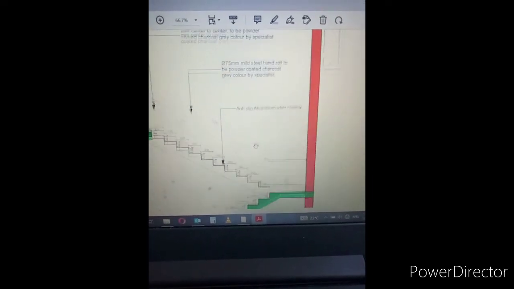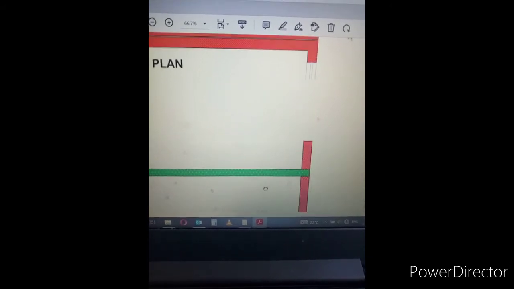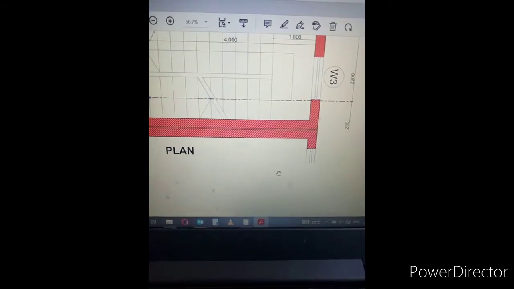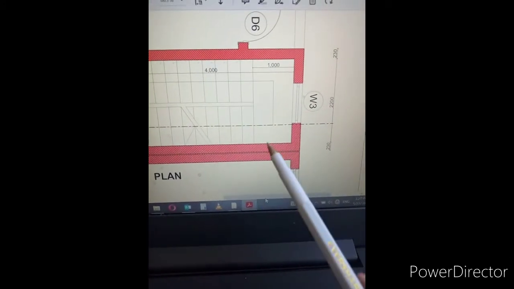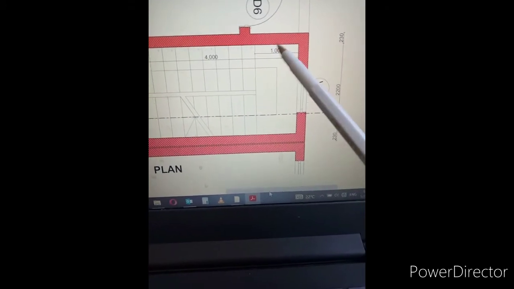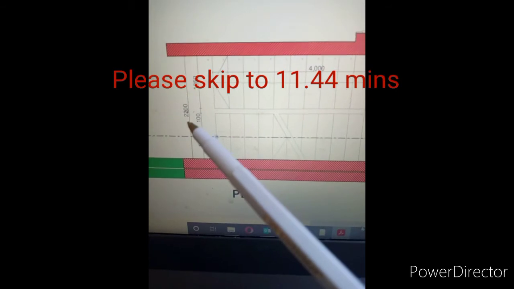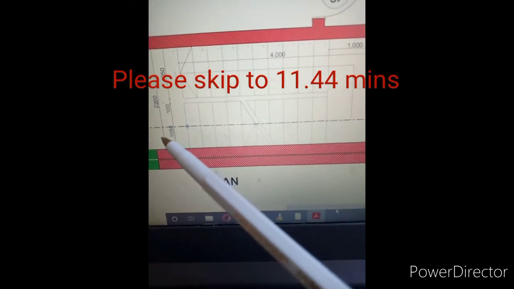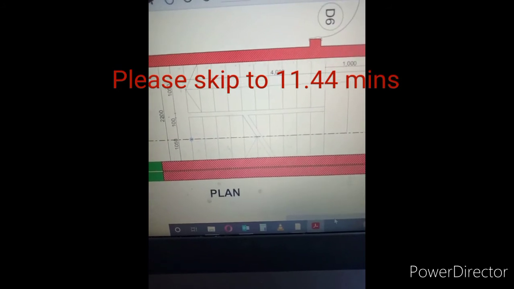Let me show you where I got the length from, but it will be provided on the plan if you take a look at it. So this will be the landing height. From this point to this point, this is our measurement, 2200, right?